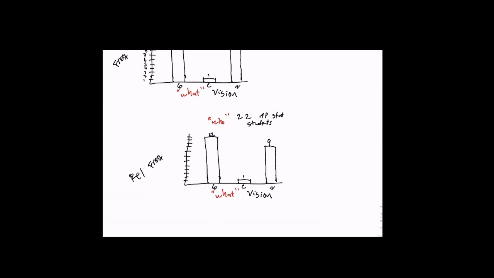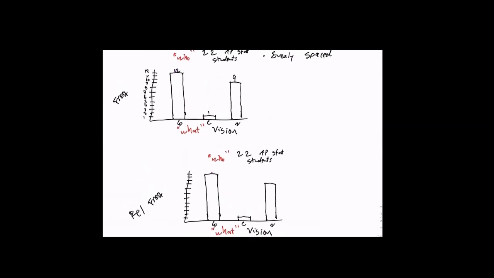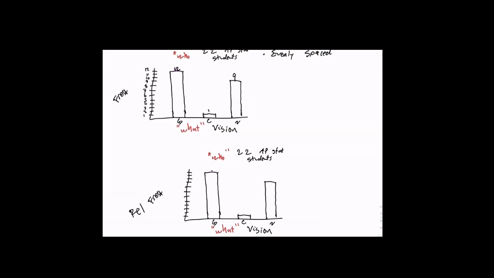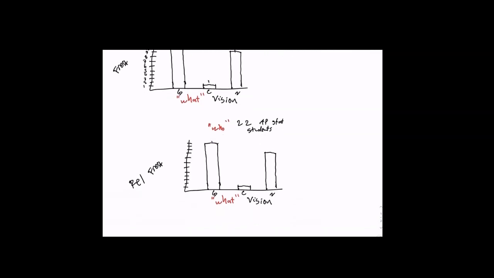The only thing that changes will be the y-axis. It's a carbon copy. And literally, I copied it. I copied and pasted. I had technology, so I was able to copy and paste. But the graph of a relative frequency histogram and the graph of a frequency histogram, or bar graph, are identical, except for how you label the y-axis.